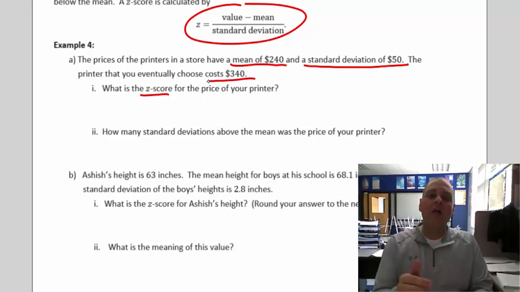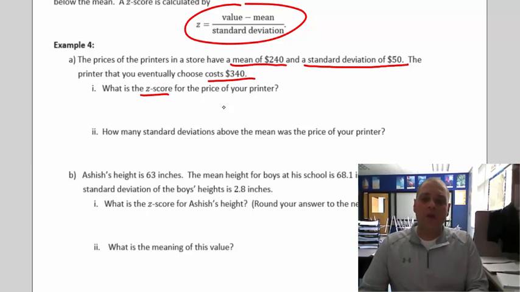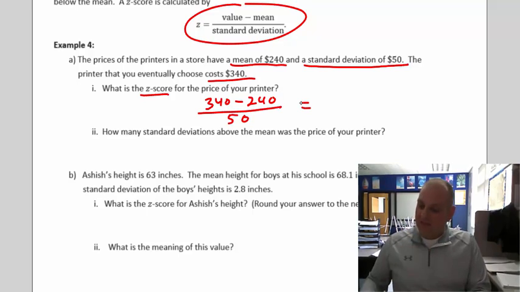Now you can tell that it's above the mean. The mean's 240, 340 is above. So we know we're going to get a positive Z-score here. So we're going to do 340 minus 240. That's the value minus the mean, divide by the deviation, divide by 50. And that comes out to be, I did it ahead of time again just to save time on the video for you, so we're not going crazy here.